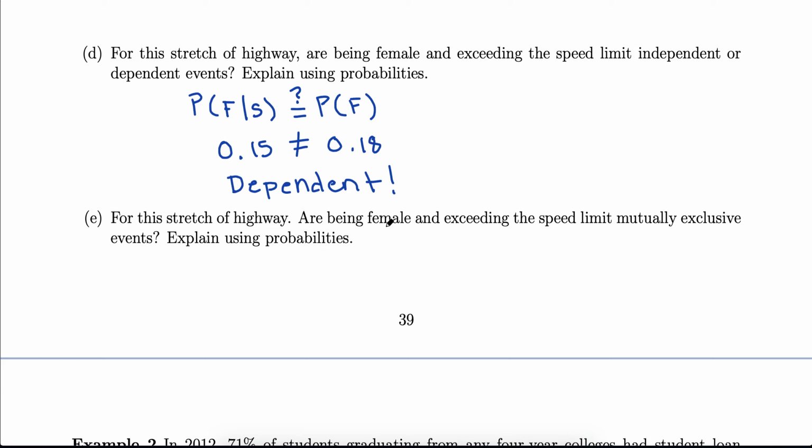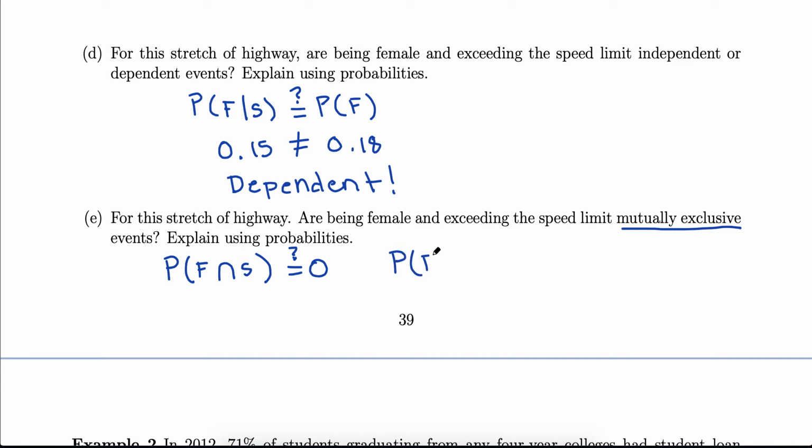Finally, for this problem, are female and speeding mutually exclusive? So we mean mutually exclusive. We need to double check if the and is equal to 0 or not. Can they happen at the same time? So again, mutually exclusive means disjoint. So female and speeding, I want to see, is that equal to 0? Is there no way I can have a female who's speeding driving on this roadway?